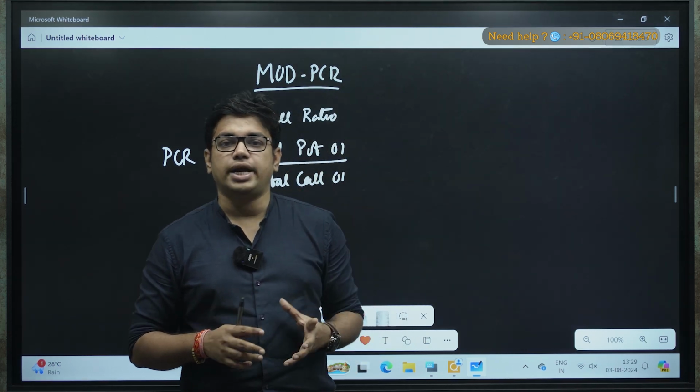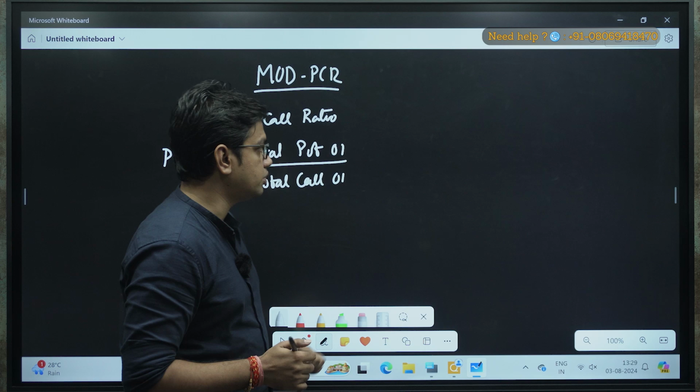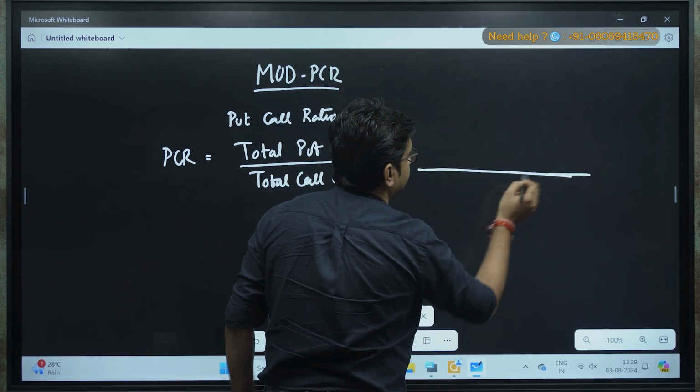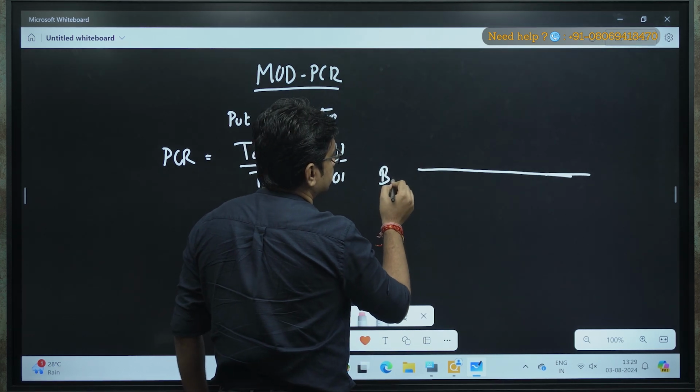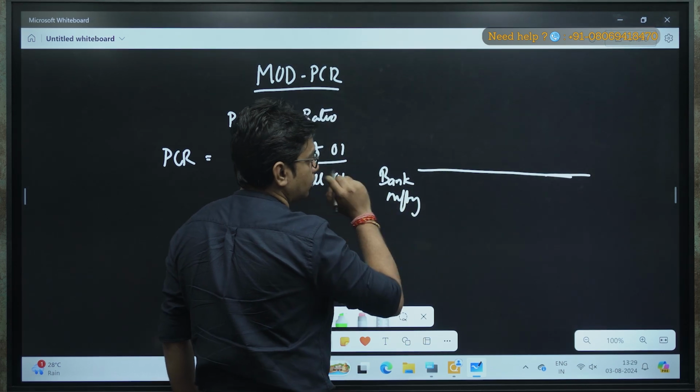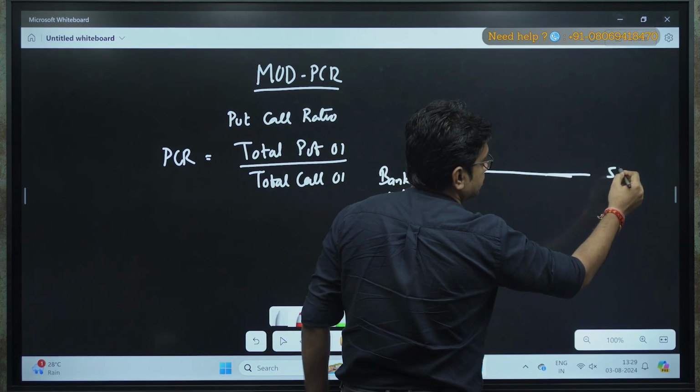Let's just say put writers and call writers. Let's say this is the level of Bank Nifty, it is 52,000.